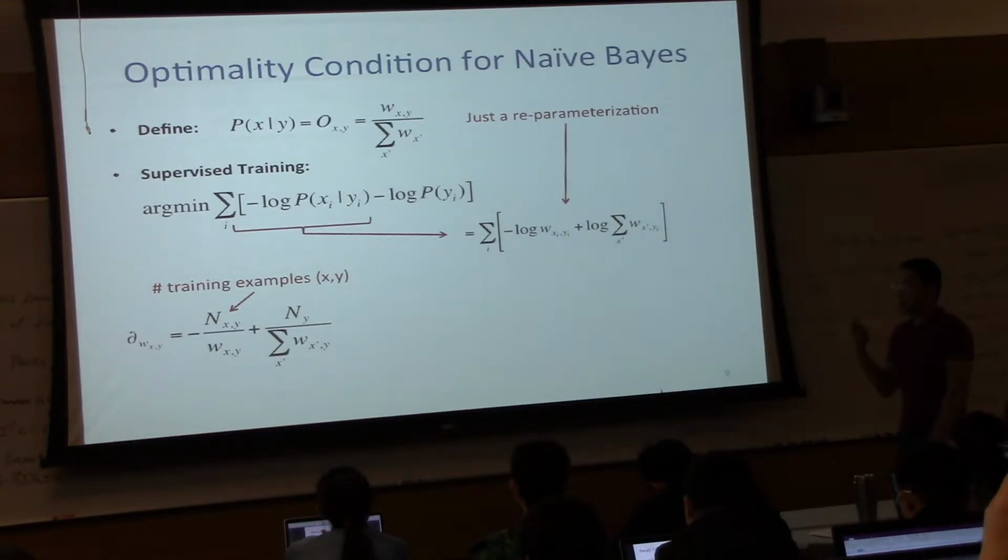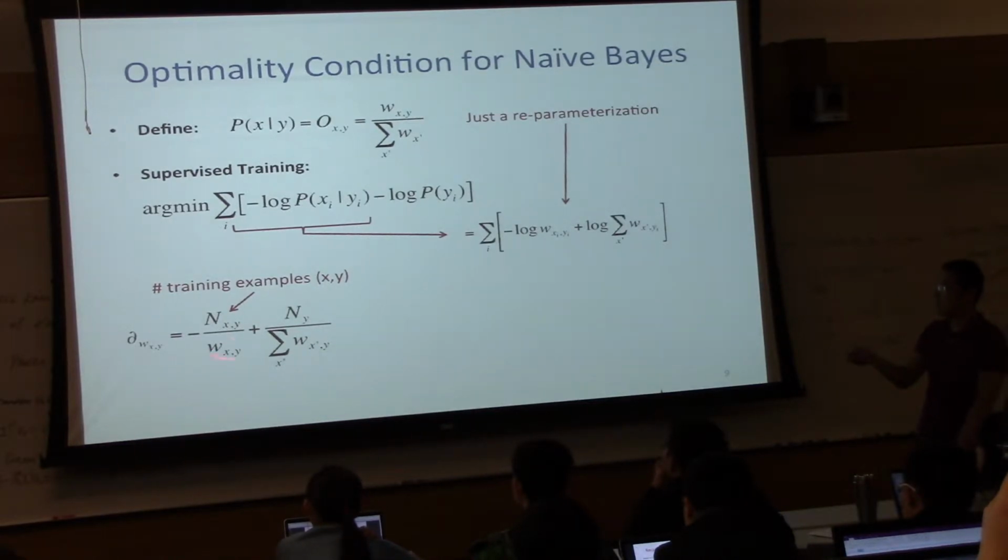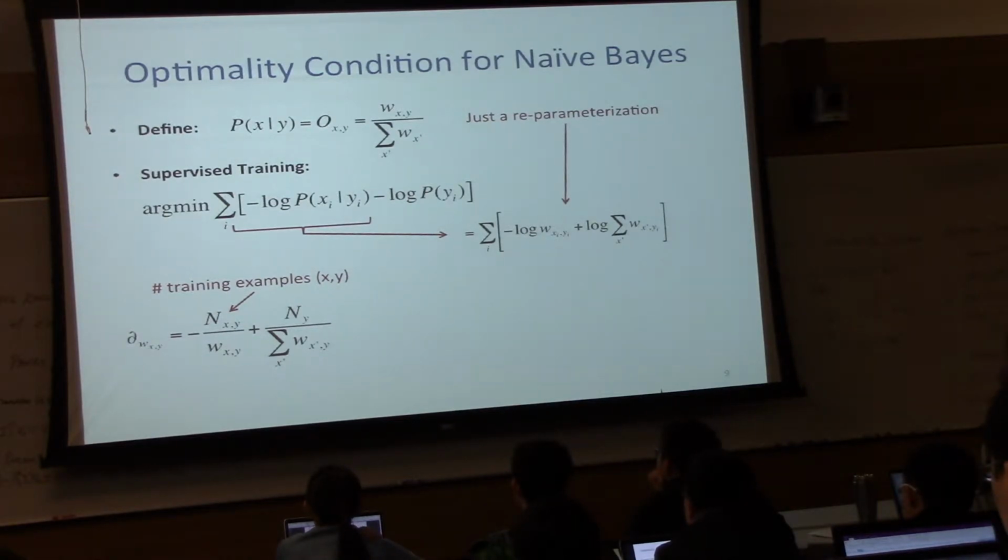And if you take the gradient, and we talked about this last week, but if you take the gradient of just this term, right, and you extract out this term from this, so you get this, right? It's the number of times you observe x comma y divided by your parameterization, plus this, right?